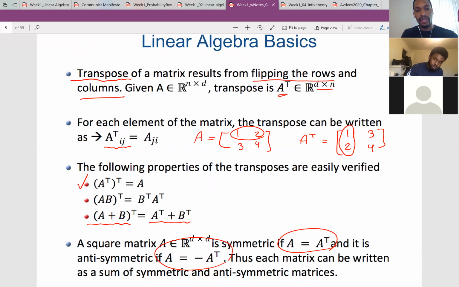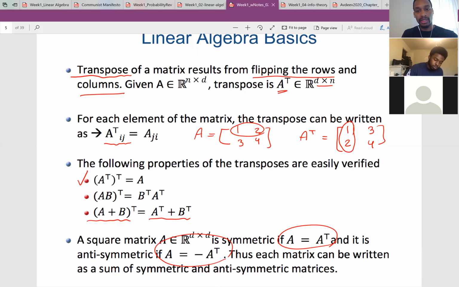For each element, if j is the row entry and i is the column entry, when you flip it, the row entries go into the columns and the column entries go into the rows. You just flip them. For example, the first row is now the first column.